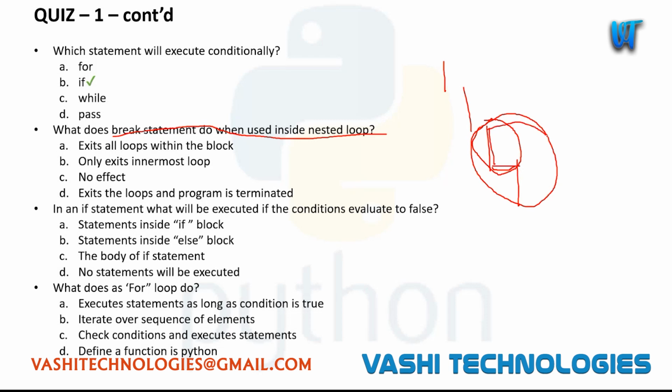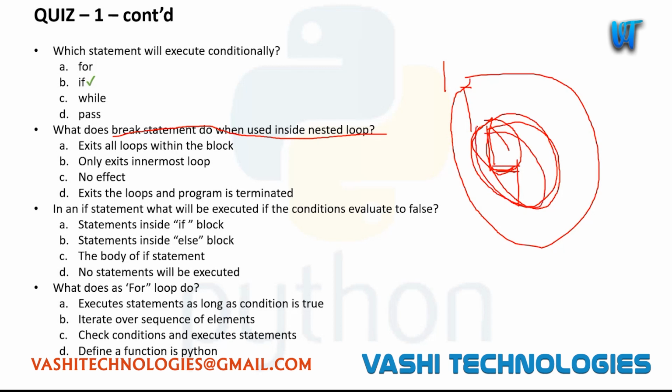It will break this loop basically, but the outer two loops won't be affected. After the break, it will go back to the second loop, come inside again and execute this third loop. After the break is encountered, it will break these two loops again. So it only exits the innermost loop where we have given this break statement.